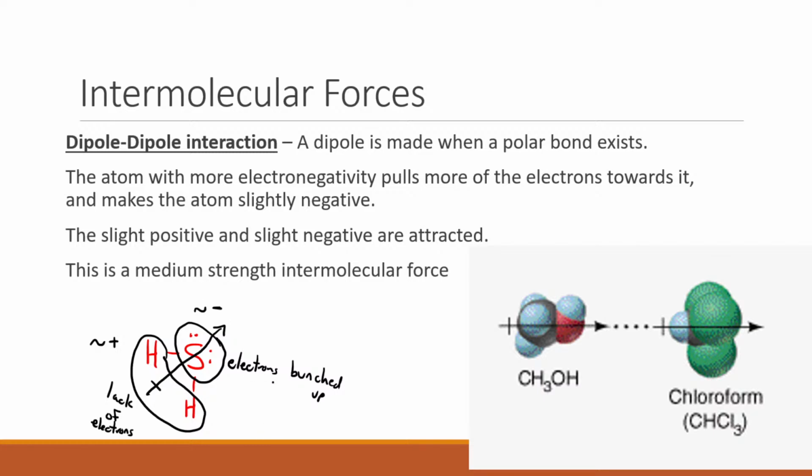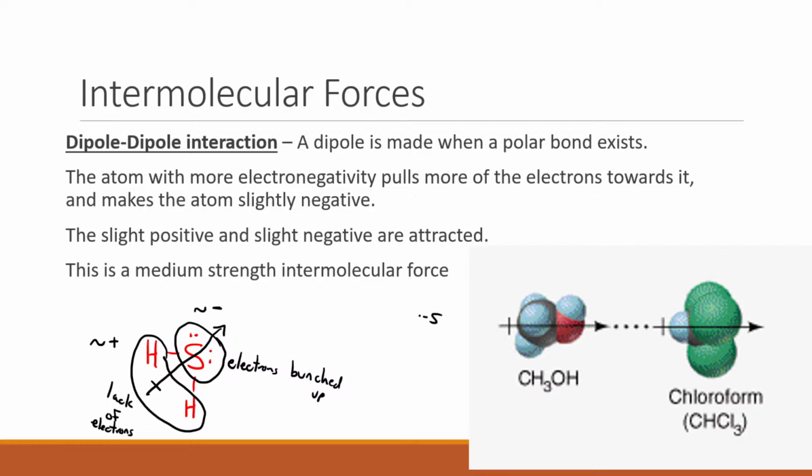And so now when we have a bunch of SH2s together, on top of the dispersion forces, the fact that they're all piled up one on top of the other, we also have this magnetic force that's going to keep them attached together. The sort of positive is going to be attracted to the sort of negative of a different molecule.